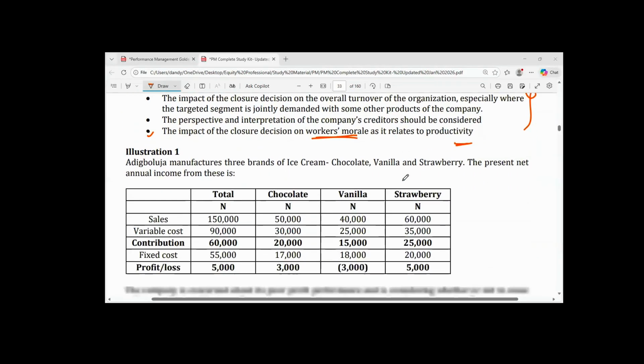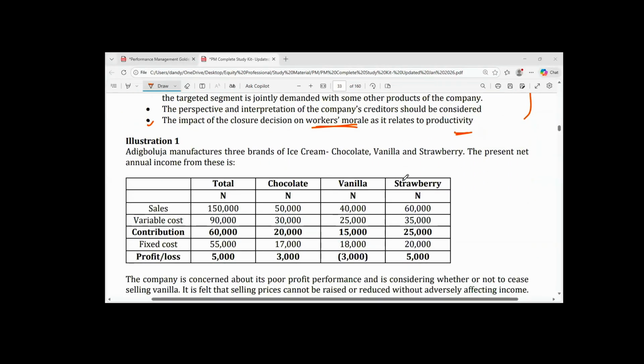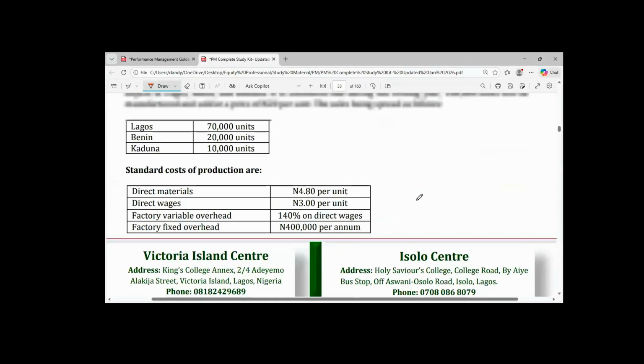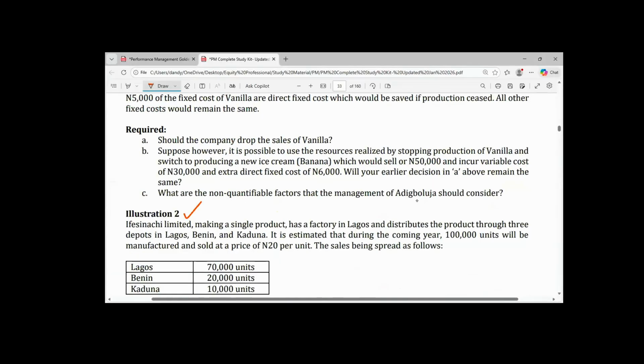All right. So let's have an illustration. Like I said, my plan today is to complete anything that has to do with deleting of a segment. So we are going to solve this short example, then thereafter, we are going to solve another one. For a while, ICAN has not tested deleting of a segment in recent time. What is common so far is special order as well as make or buy decision kind of questions.